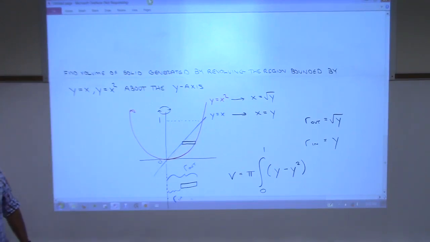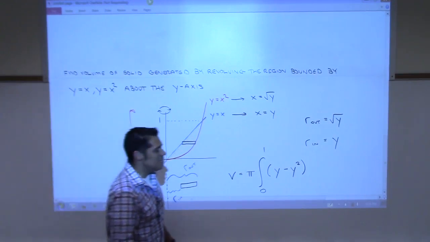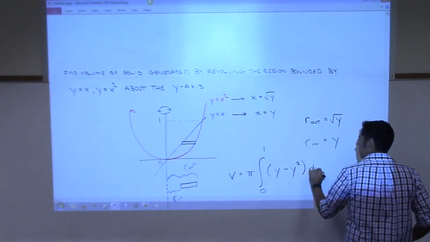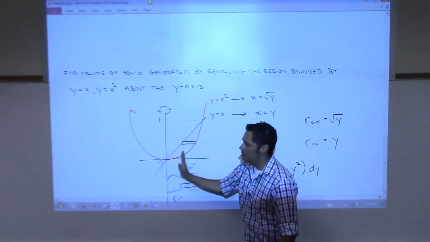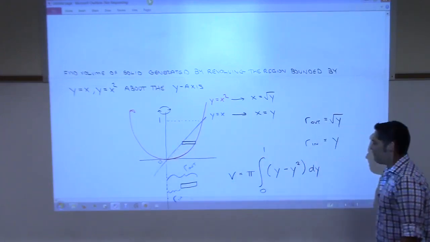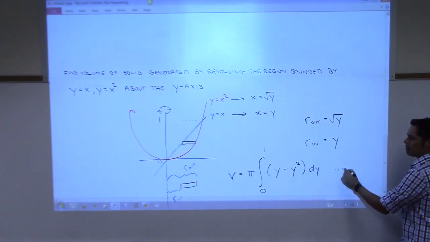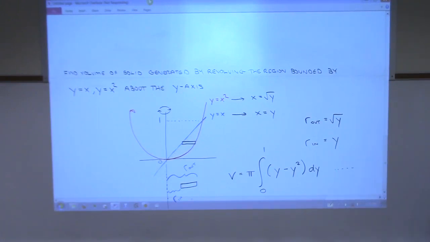What else? dy. Okay, so we're using dy, not dx, because our little width here is actually our change in y instead of change in x. And then you integrate that, right? Dot, dot, dot. Questions?